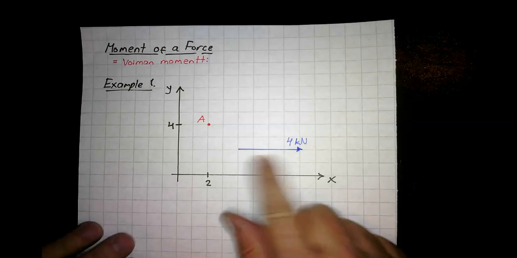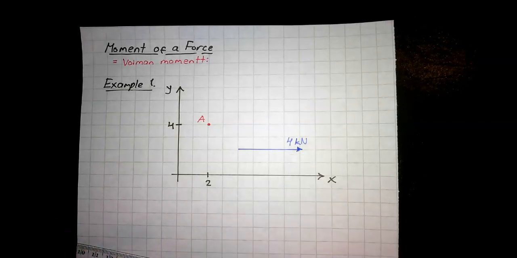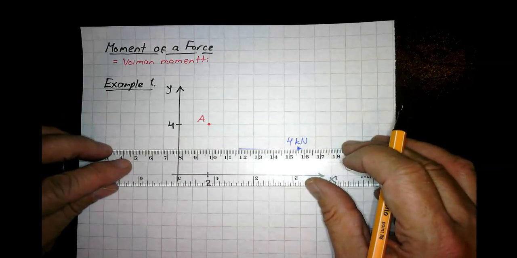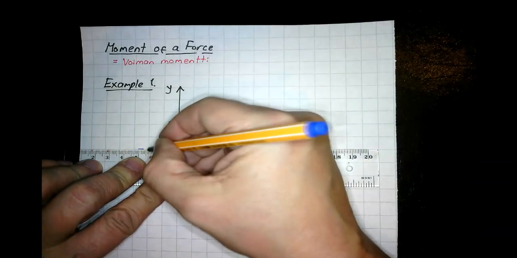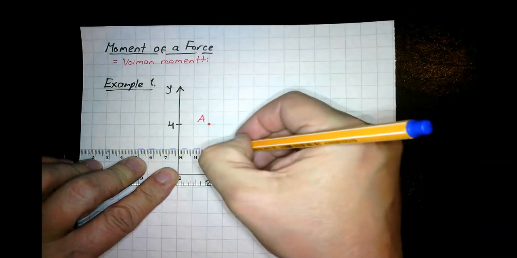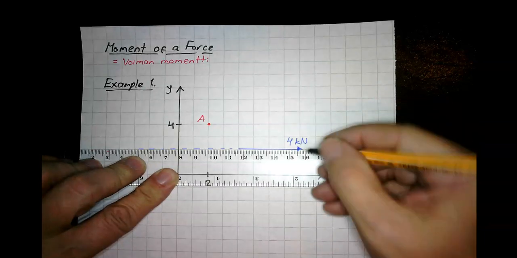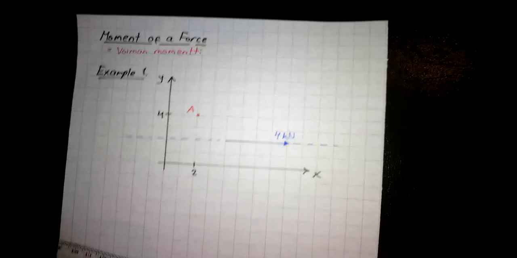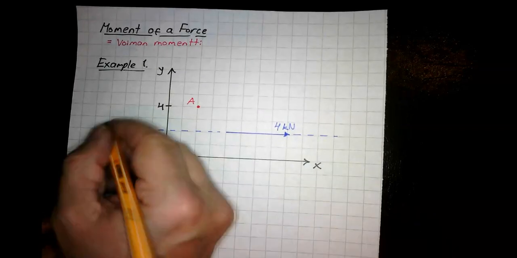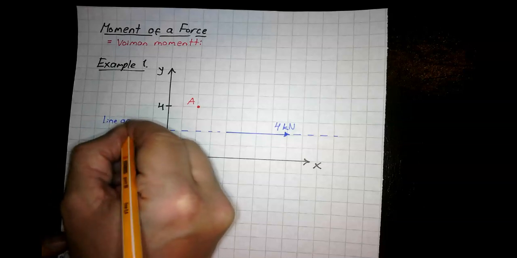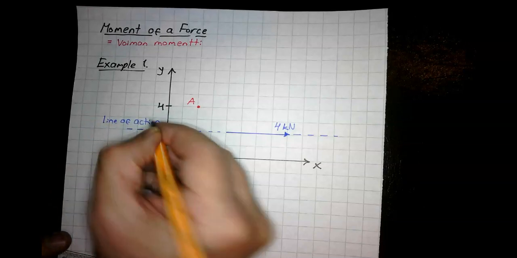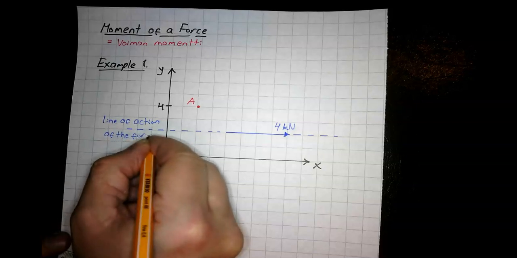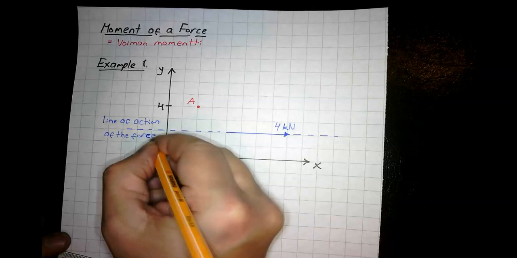So in this case, when my force vector is going there, I will draw the line of action, or action line, or the line which goes through that force vector there. Line of action of the force. I will write that there.